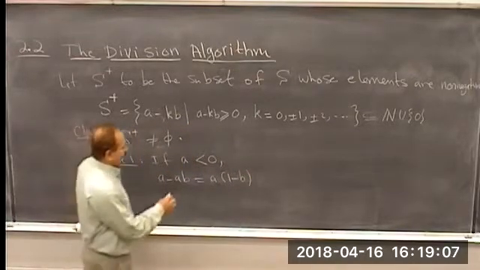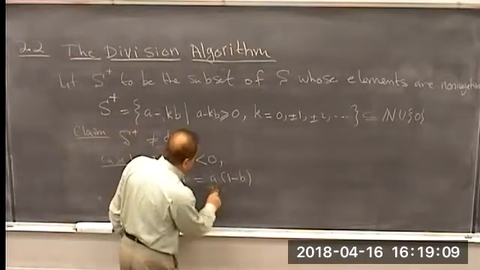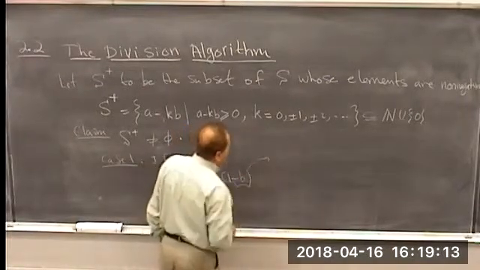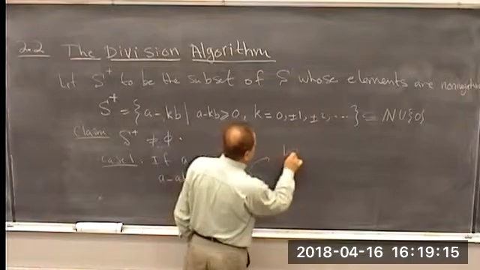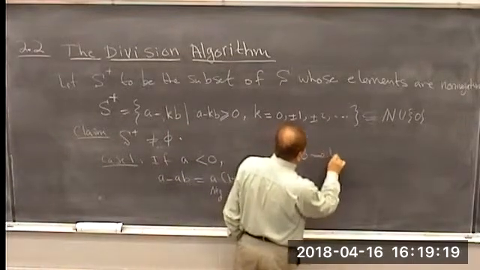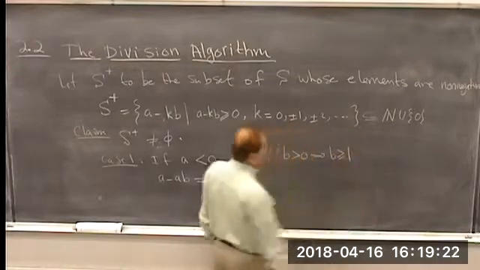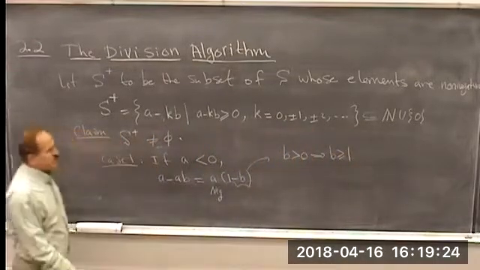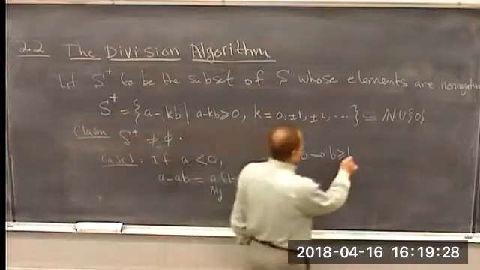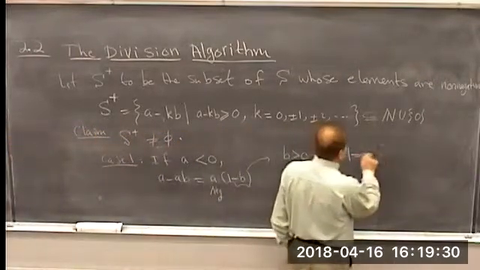Now I know that A is negative, and from the way we took B, B is bigger than 0. This means that B is bigger than or equal to 1, so the smallest value B could have is 1.